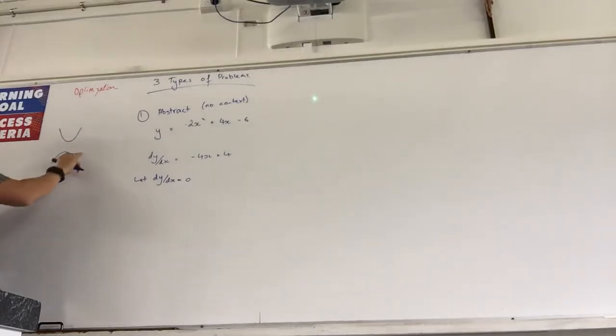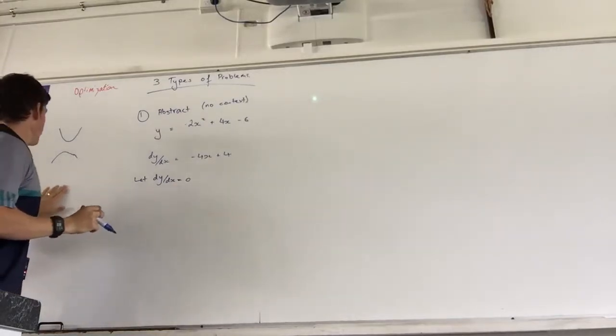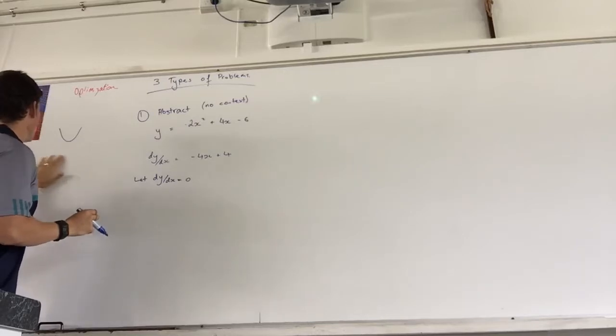There's also another turning point called a point of inflection that looks like this. Is a point of inflection any value to us? No. If we're looking for a maximum or a minimum, we really are hoping to find a turning point which looks like a U or an N.